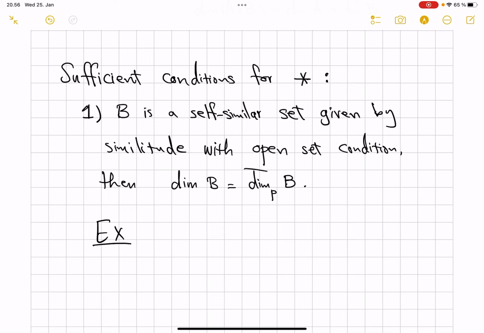As an example, we've seen that if you have this Cantor set A in R1 with dimension equal to 1/2, constructed in the usual manner but with a different ratio of the removed intervals, and then we take B to be just A again.